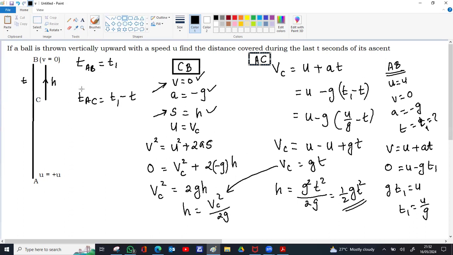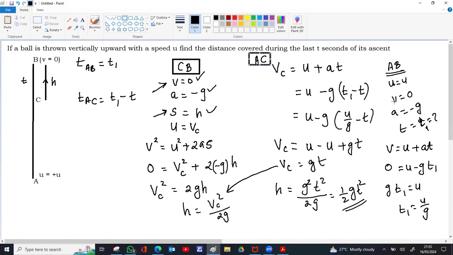Here no values are given, so the total time is T1. If this time interval is T, the time taken from A to C will be total time T1 minus T. So we are substituting u, minus g, and T1 minus T. T1 is the total time, which is found from A to B only. For that, the initial velocity we know, the final velocity we know, the acceleration we know, and time is our demand.